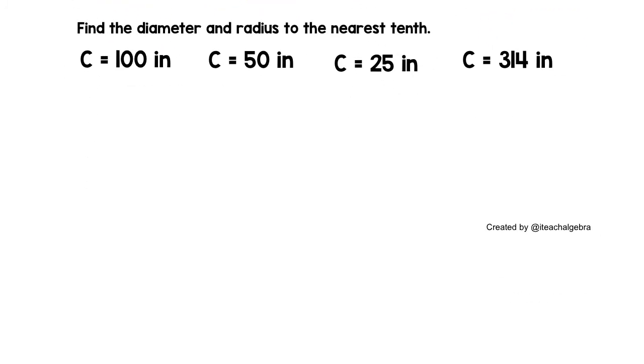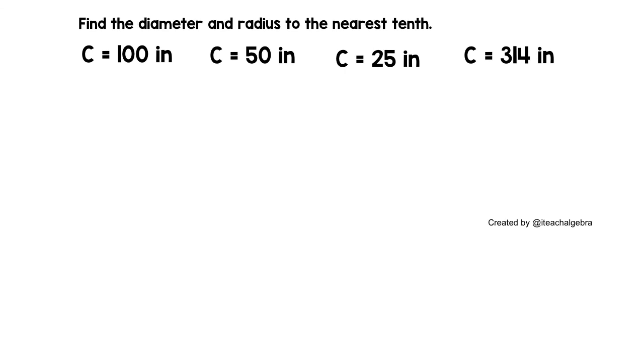Last but not least, we want to find the diameter and radius to the nearest tenth. We are given the circumference is 100 inches. We want to find the diameter, it's pi d. That means 100 is pi d. We divide both sides by pi, or 3.14.